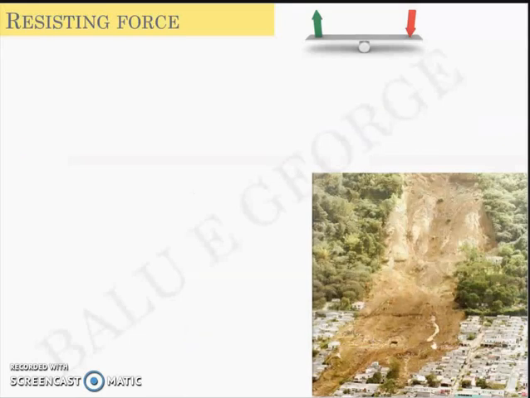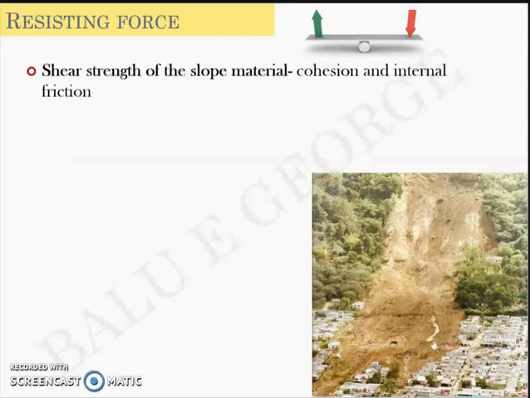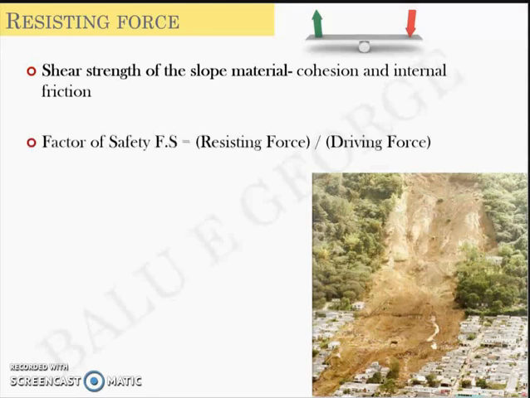Now the resisting force is nothing but the shear strength of the slope material. Again, it can be cohesion and internal friction, c and phi, which is defined by the Mohr-Coulomb equation: c plus sigma tan phi is equal to the shear strength. Now, factor of safety is equal to the resisting force divided by the driving force, right?